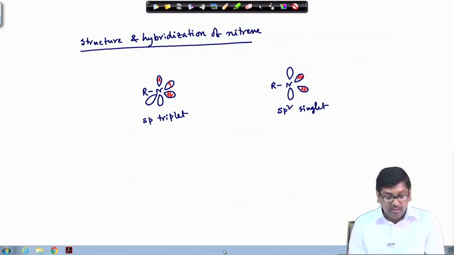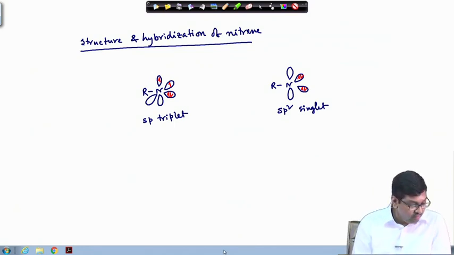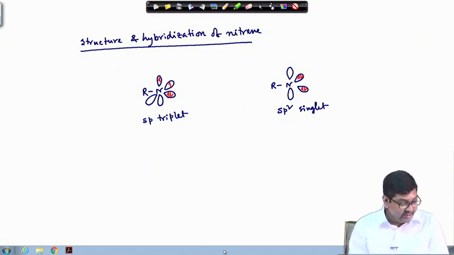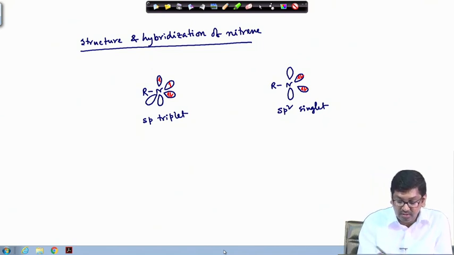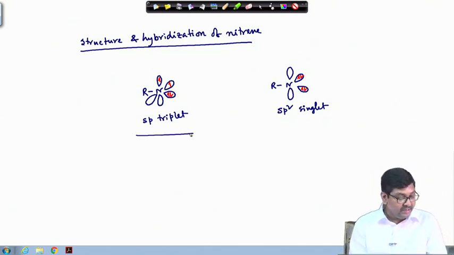In general, it has been found that nitrenes are generally linear, and that the triplet state is lower in energy than the singlet state.